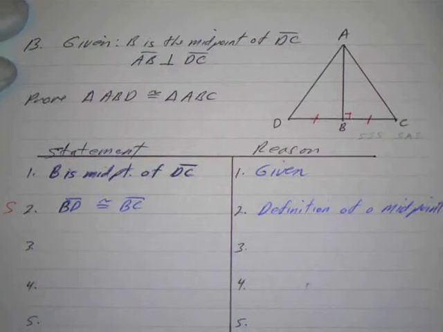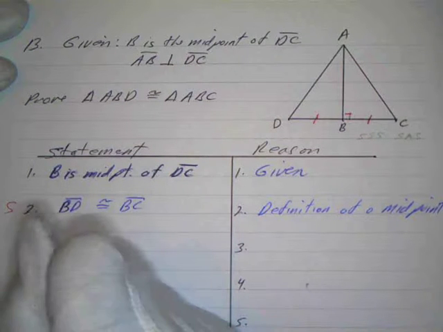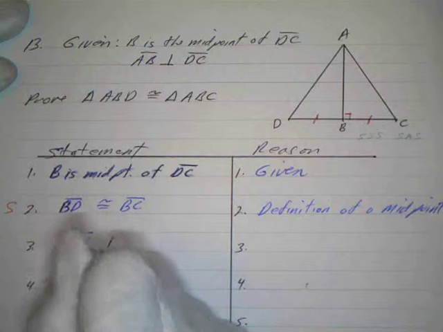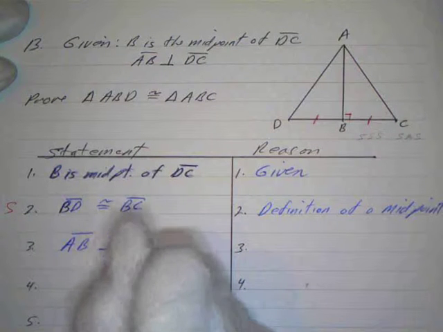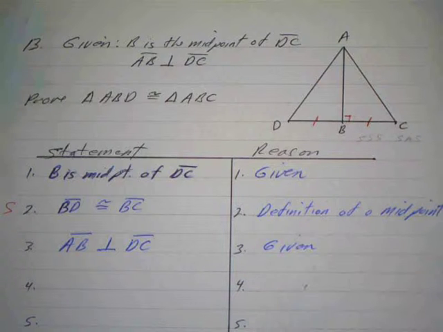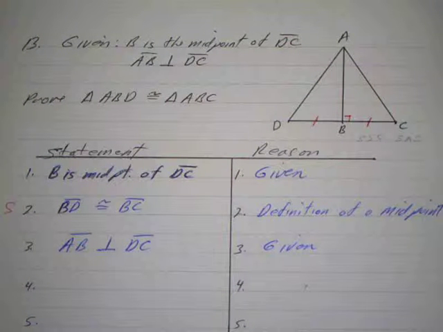All right, then I also have another given that segment AB is perpendicular to segment DC. That was given. So now what does that perpendicular tell me? Well, we know that perpendicular lines form right angles.